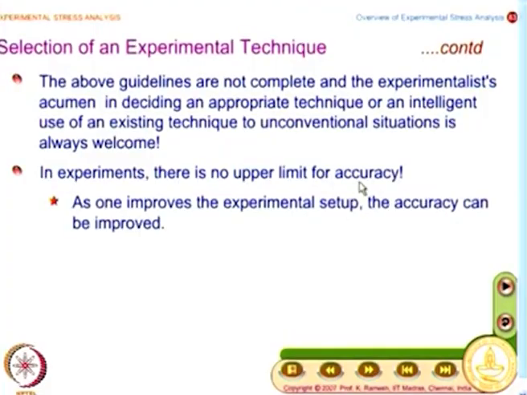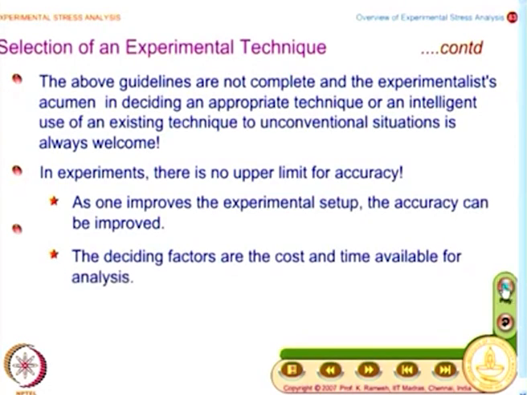So, as one improves the experimental setup, the accuracy can be improved. So, there is no upper limit for accuracy, and you can keep improving the accuracy of an experimental technique. And what decides? It is cost and time. The deciding factors are the cost and time available for analysis.